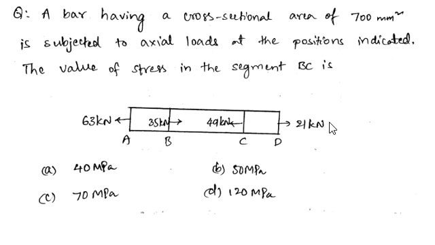Anyway, we are discussing previous year GATE questions. You may get the same models but differently worded questions. Here I have to find the stress in segment BC, and the options given are 40 megapascal, 50 megapascal, 70 megapascal, 120 megapascal, and the correct option is option A, 40 megapascal.